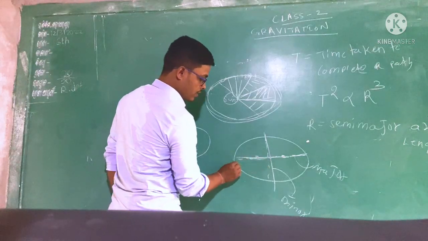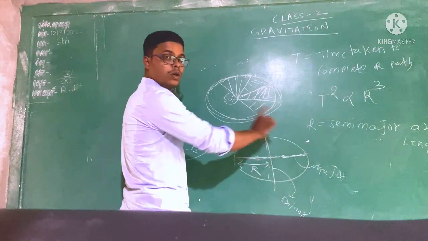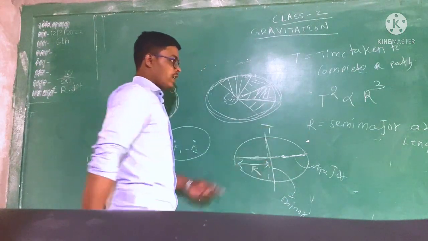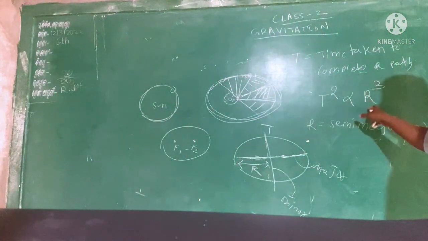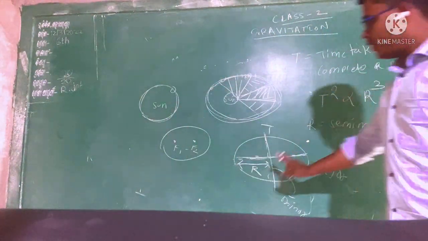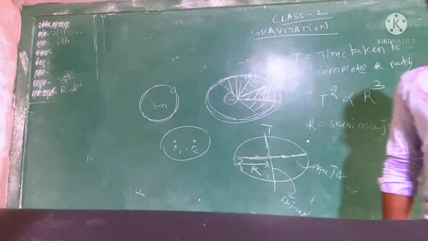The time period to complete the path is T. So the third law says that T squared is directly proportional to r cubed, where r is the semi-major axis. This is Kepler's third law.